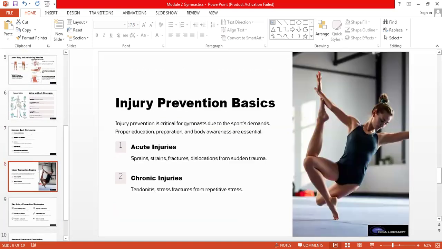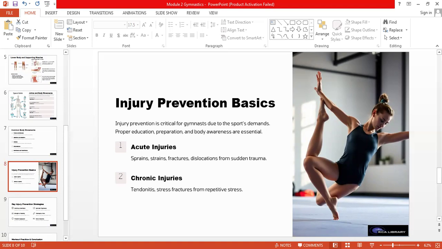How do we now prevent injury? What are the injury prevention basics we need to know? Injury prevention is critical for gymnasts due to the sport's demands, and having a proper education about this, and preparation and body awareness are very essential to avoid injury.